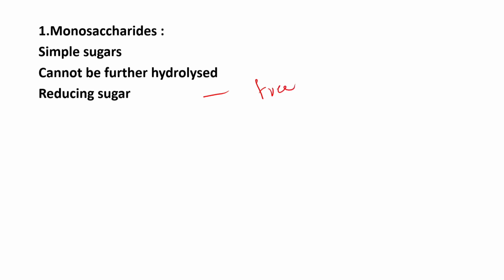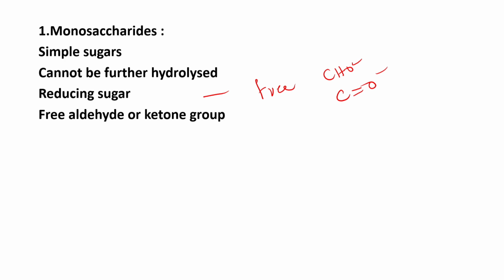If a carbohydrate contains a free aldehyde or keto group, it is known as a reducing sugar. And they are again classified into different types: trioses, tetroses, pentoses, hexoses, heptoses, etc.